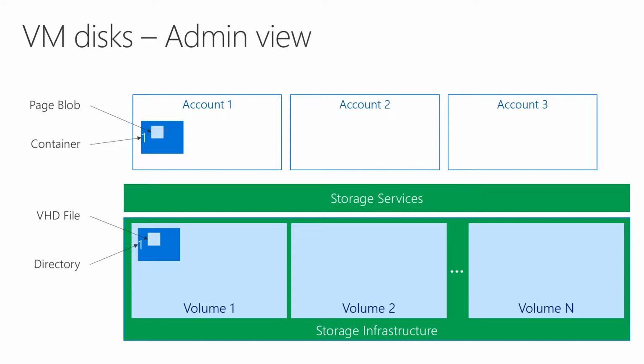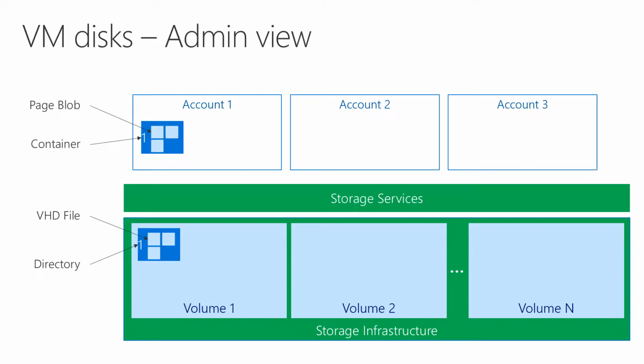So a page blob is in Azure Stack a VHD file, a container is a directory, and a directory resides on a volume. And in Azure Stack, we have one volume per node. So in a 4-node Azure Stack, you will see 4 volumes.